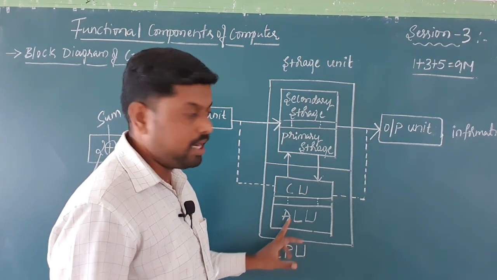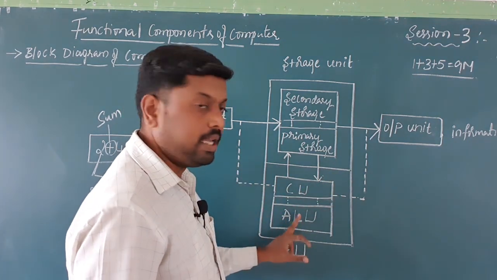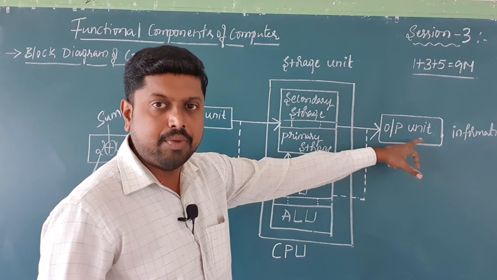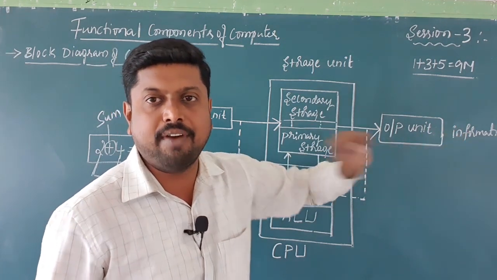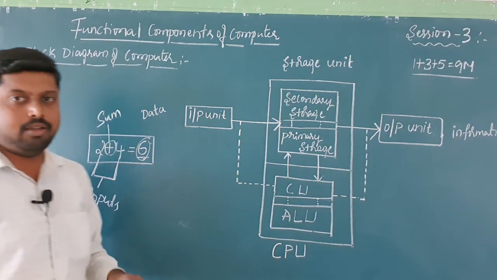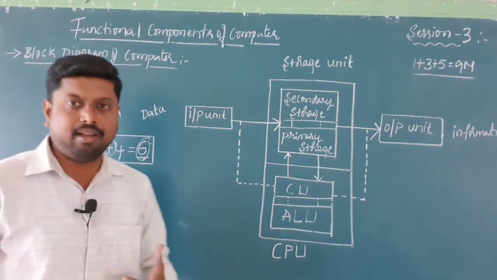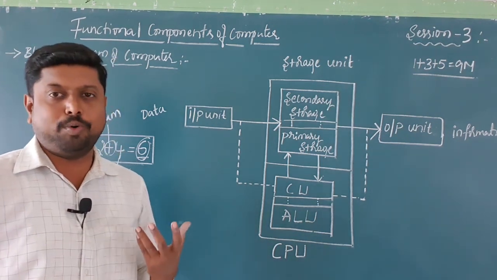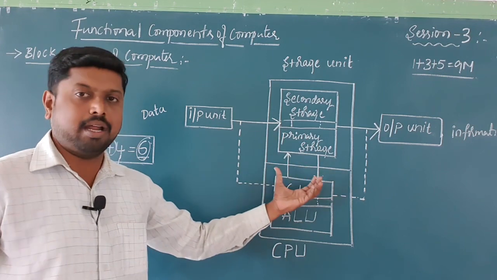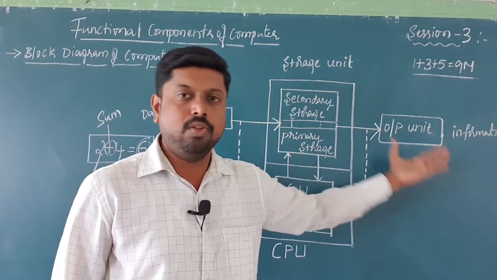It considers that operation and gives the exact result, 2 plus 4 equals 6, with the help of the output devices. So this is the basic concept of how a calculator or any device gives calculations. Like that, the computer also accepts the input from the users, processes the data, and gives the exact result.